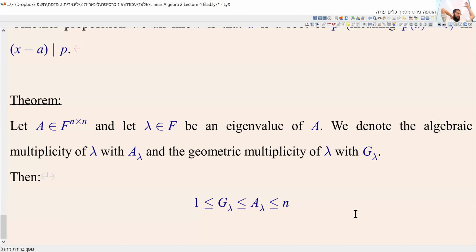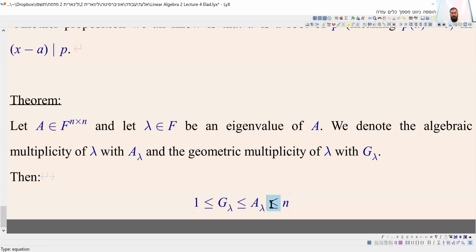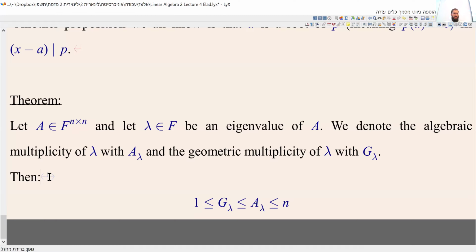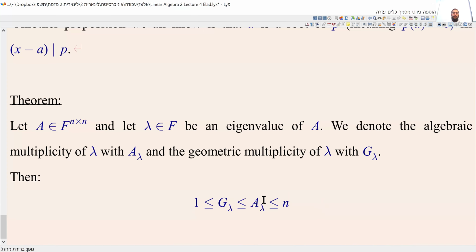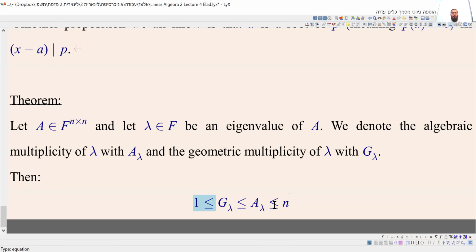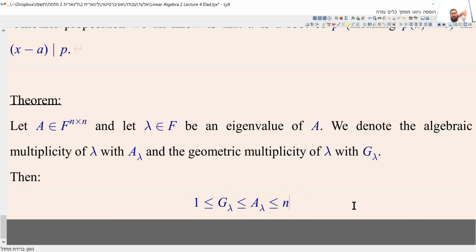And it's a big theorem. It's a fat one. I mean, there are this inequality and this inequality for both g and a, and the main inequality between g and a. I want to prove that they are both greater than or equal to 1 and both are less than or equal to n.